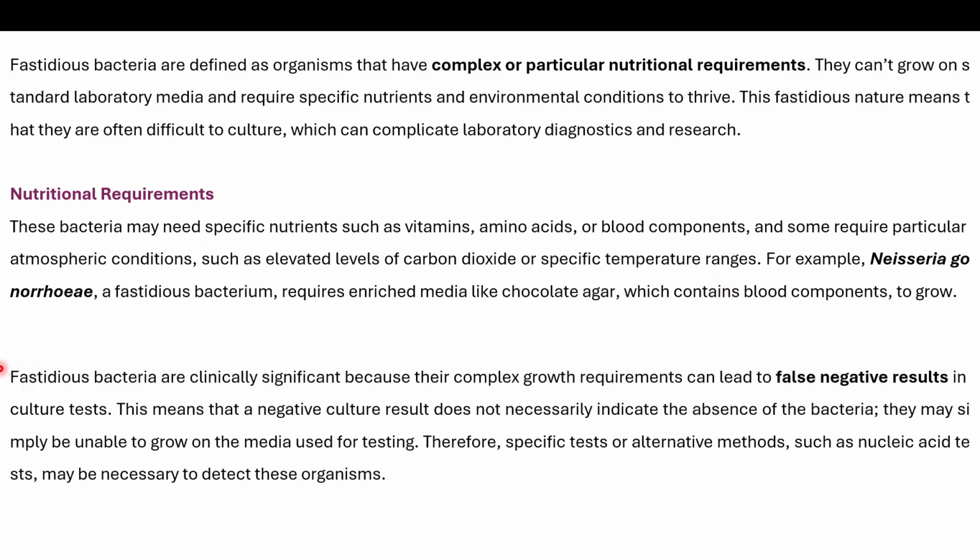So, fastidious bacteria are clinically significant because their complex growth requirements can actually lead to false negative results in culture tests. This means that a negative culture result does not necessarily indicate the absence of the bacteria. They may simply be unable to grow on the media used for testing.